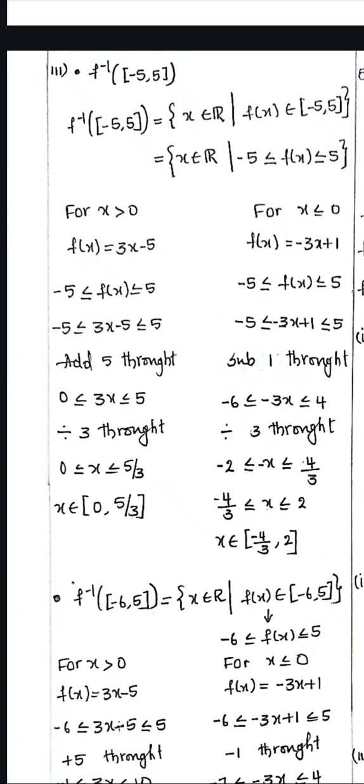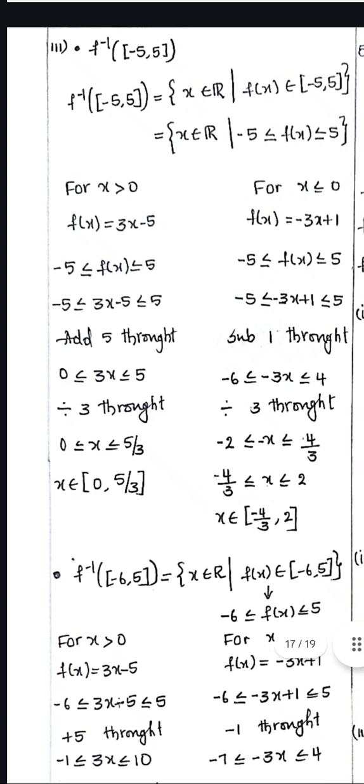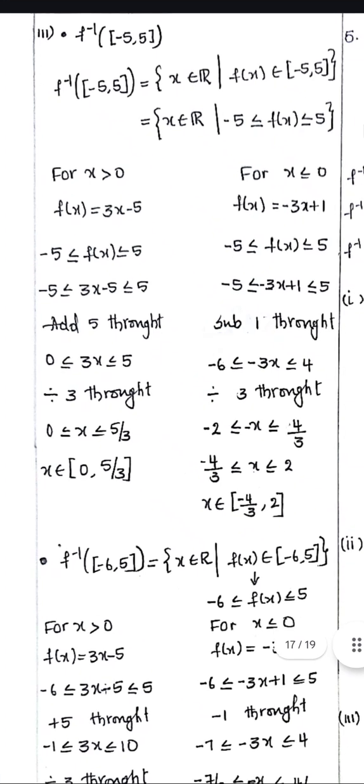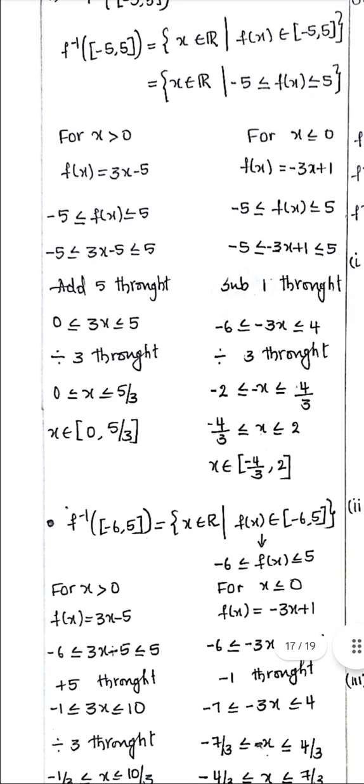But for this, from minus 5 to 5, what you will do is x belongs to R, f of x belongs to minus 5 to 5. So minus 5 less than or equal to f of x less than or equal to 5. For x greater than 0, we will take 3x minus 5, and for x less than or equal to 0, minus 3x plus 5.